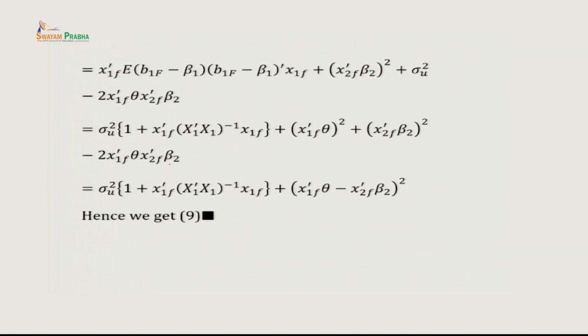And finally, we get this expression. We combine these three expressions, and then we get (x1f transpose theta minus x2f transpose beta2) whole square. So, this gives you 9.